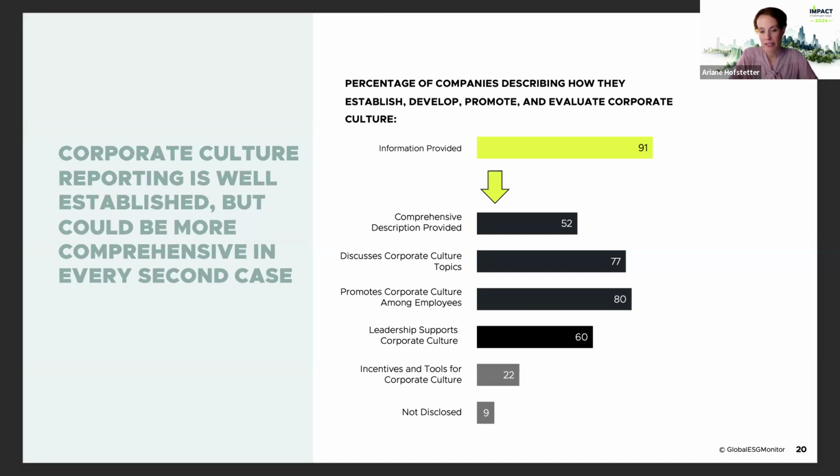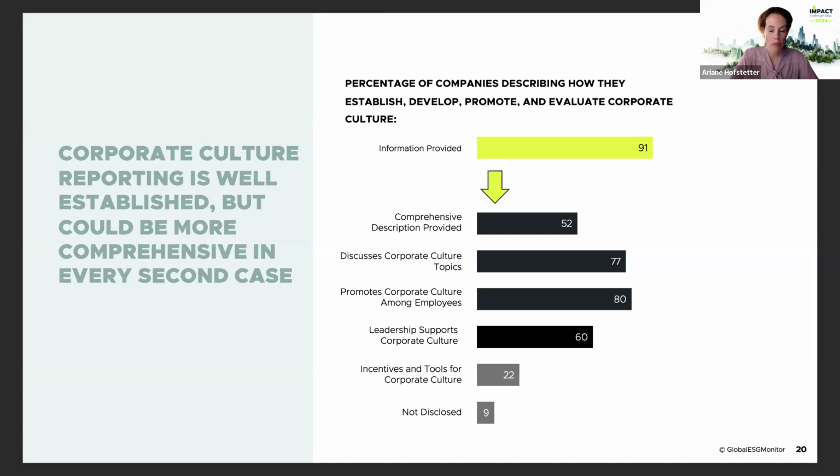Some aspects appear more frequently in the reports. For example, corporate culture topics: 77% report on this, or how they are promoted among the employees: 80% give details about this. And 60% report on how leadership supports corporate culture.